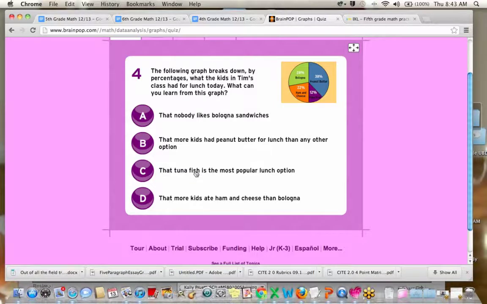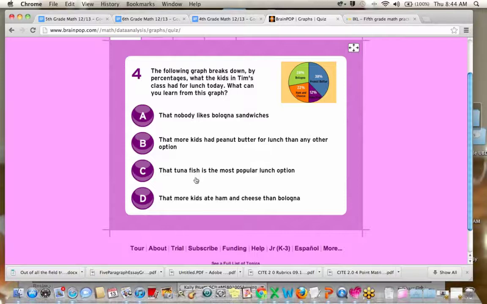Okay, number 4. The following graph breaks down by percentages what kids in Tim's class are going to eat for lunch today. What can you learn from this graph? Well, A, that nobody likes bologna sandwiches. B, that more kids had peanut butter for lunch than any other option.